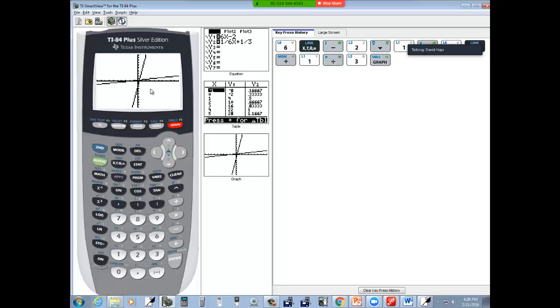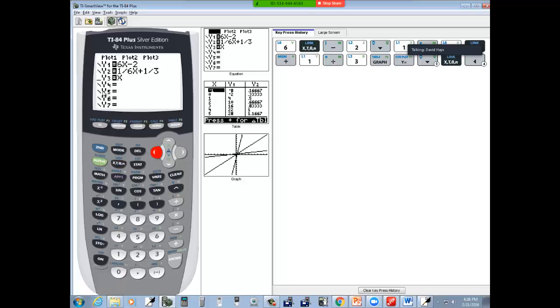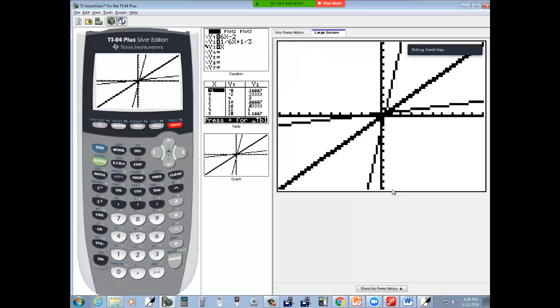Now these should be symmetric to the line y is equal to x. So if I come here and I put x down here, but I'm specifically going to go over to the far left, this calculator allows you to make it a thick line. And then if I press graph, yeah, it's symmetrical. It's symmetric to that line y is equal to x. So that's what they're asking when it's verified graphically.